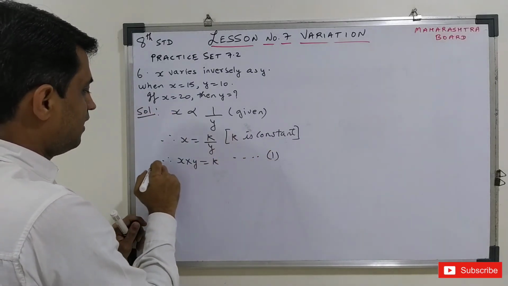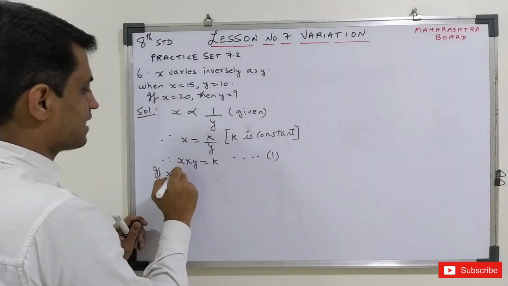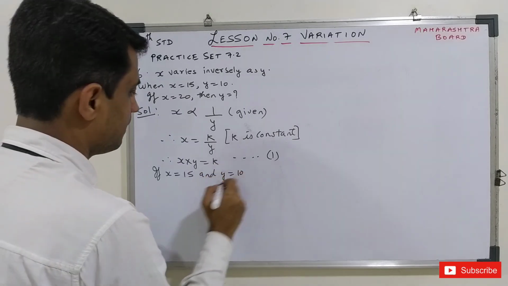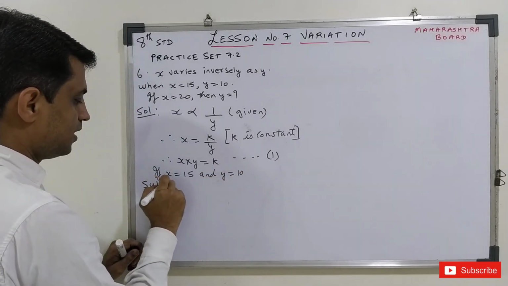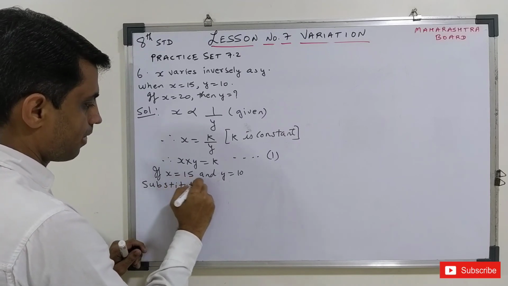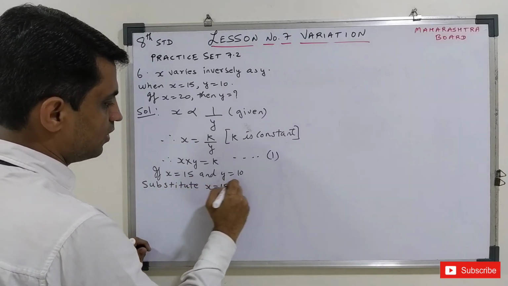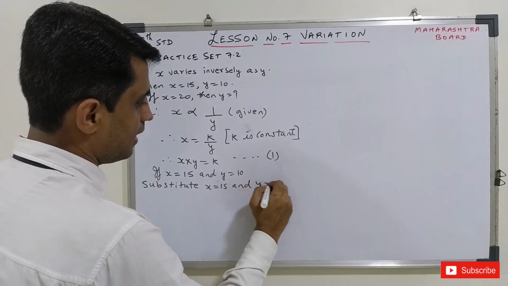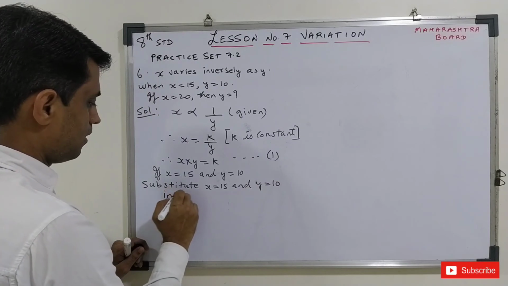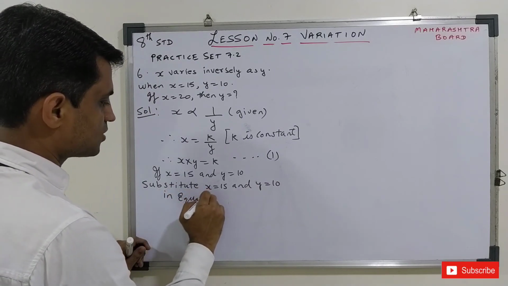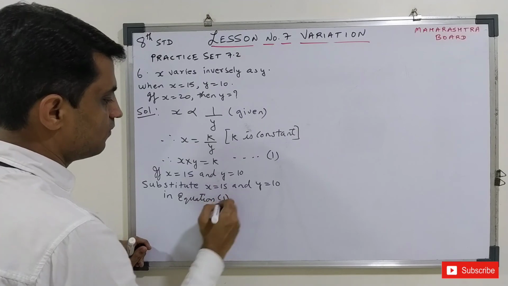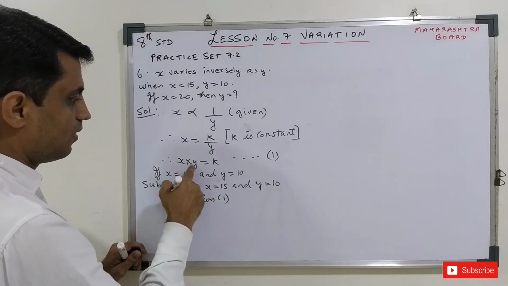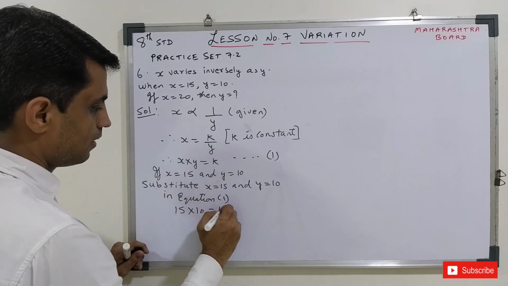Now, if x is 15 and y is 10, substitute x is equal to 15 and y is equal to 10 in which equation? In equation 1. So here we are substituting. What will you write instead of x? 15. Instead of y, 10 is equal to k.